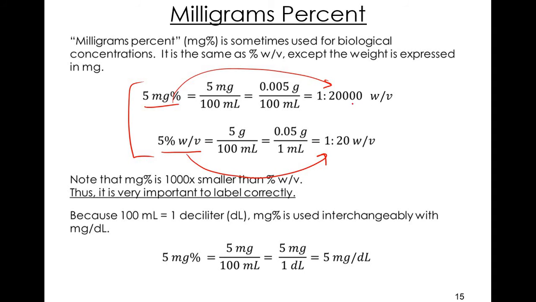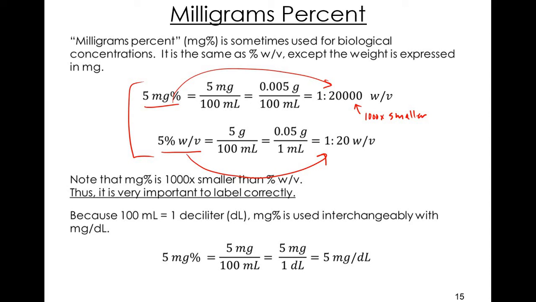The ratio 1 to 20,000 is 1,000 times smaller than the ratio 1 to 20. Thus, measuring the weight in milligrams means that 5 milligrams percent will be 1,000 times smaller than 5%.